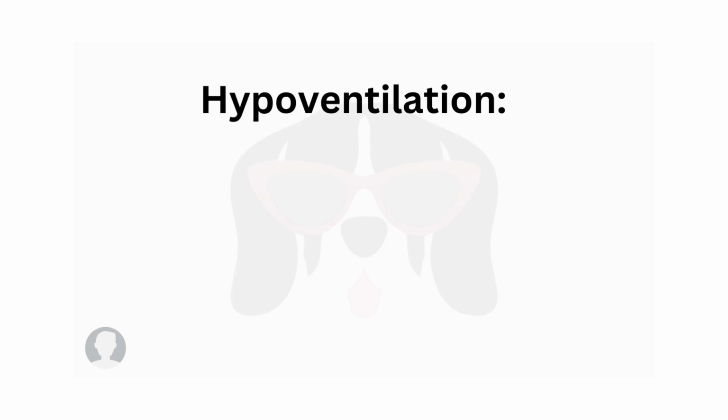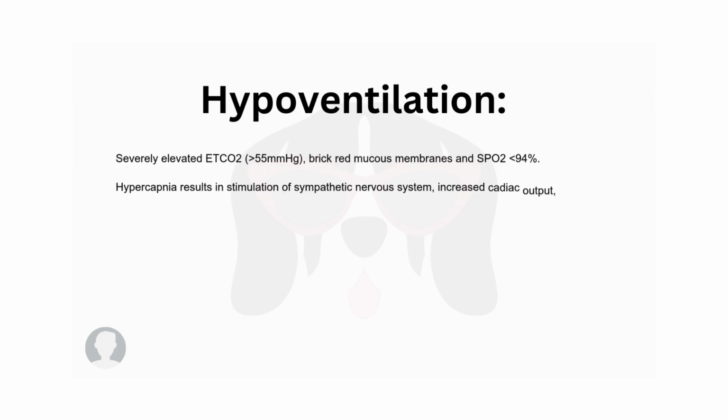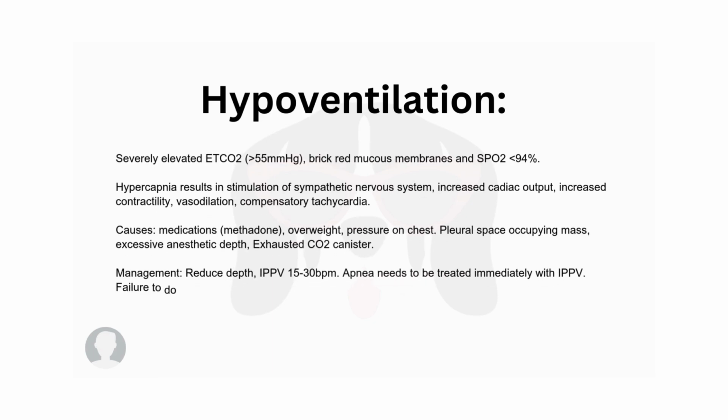Hypoventilation. What would you do? Hypoventilation is when your CO2 measures more than 55 millimeters of mercury, you see brick red mucous membranes, and your SpO2 is less than 94%.